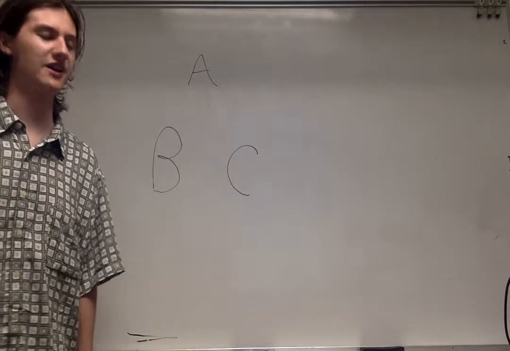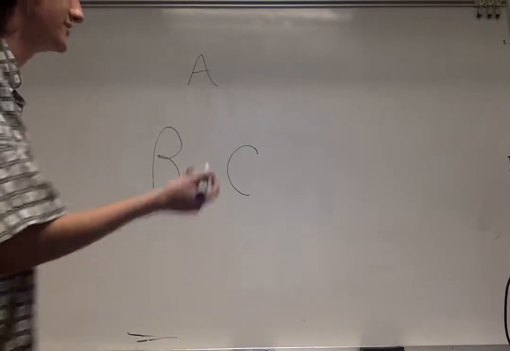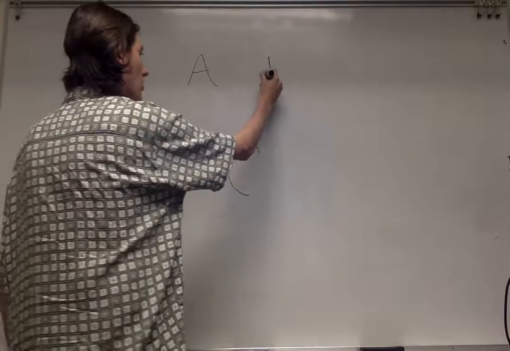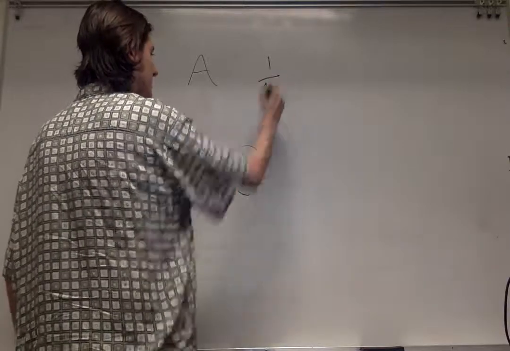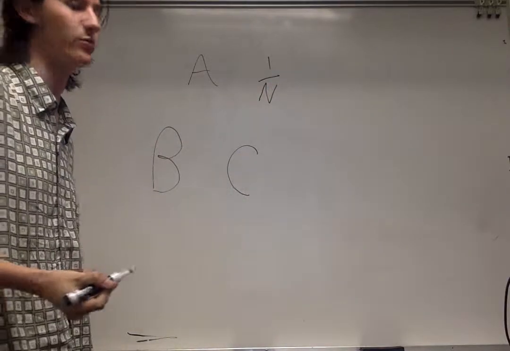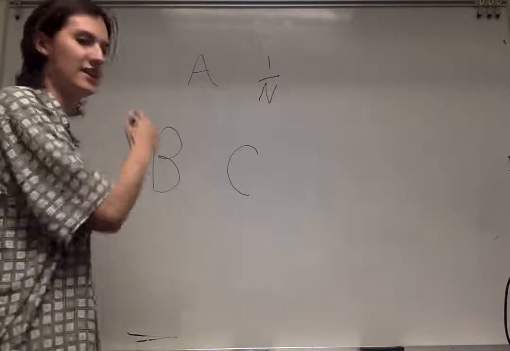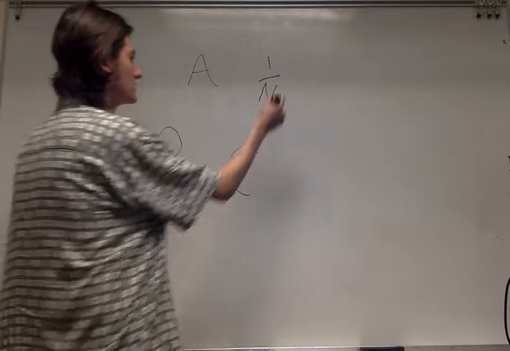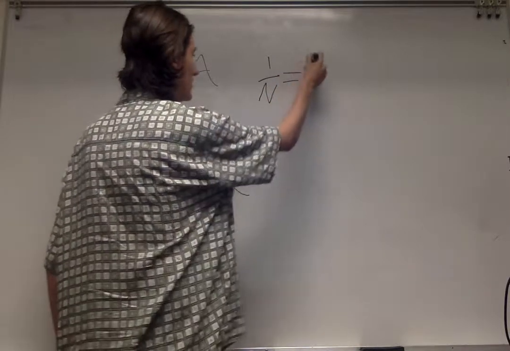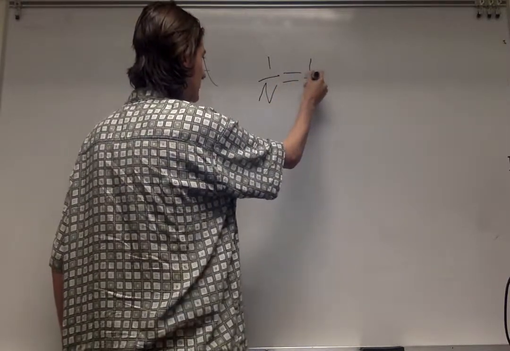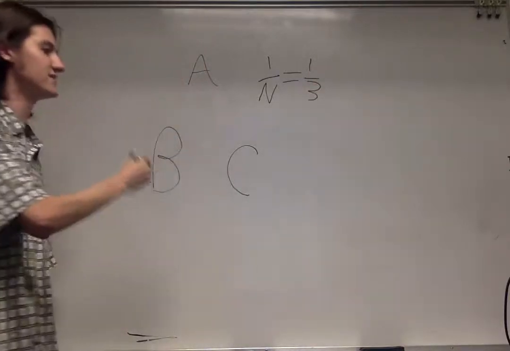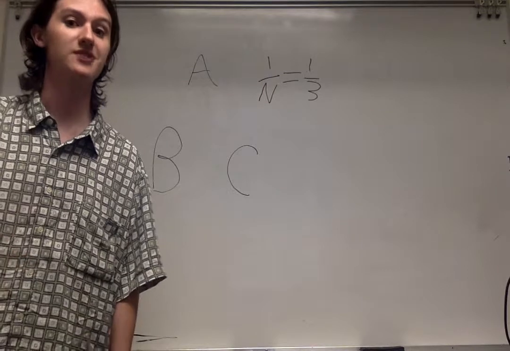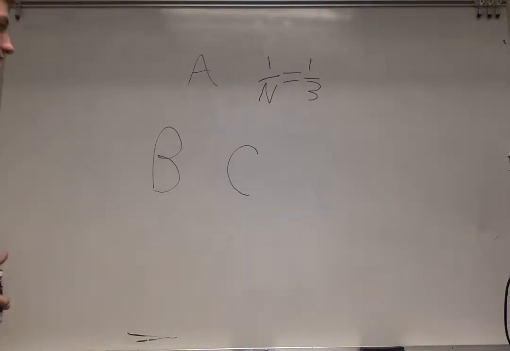It's kind of immediately apparent. All you would have to do is take 1 over the total number of nodes in that particular network, and you would get an even distribution throughout all of these links. So, in this case, 1 over n is going to equal 1 over 3, and each one of these is going to have a 0.33 chance that someone will click on it.